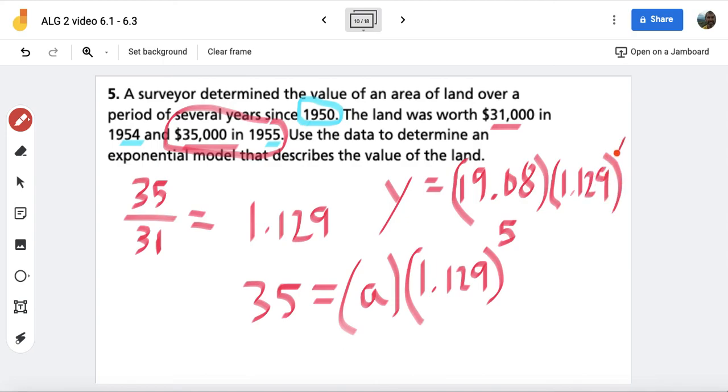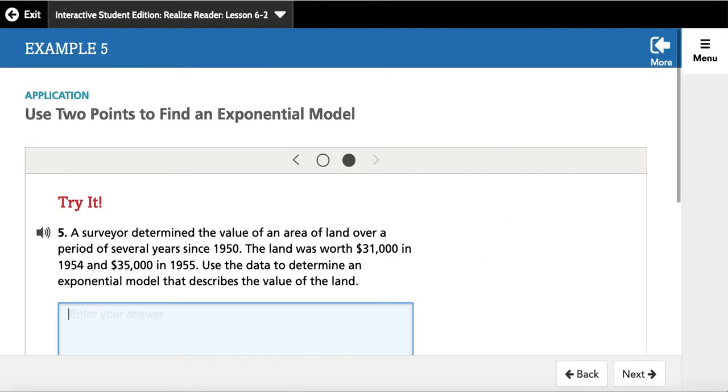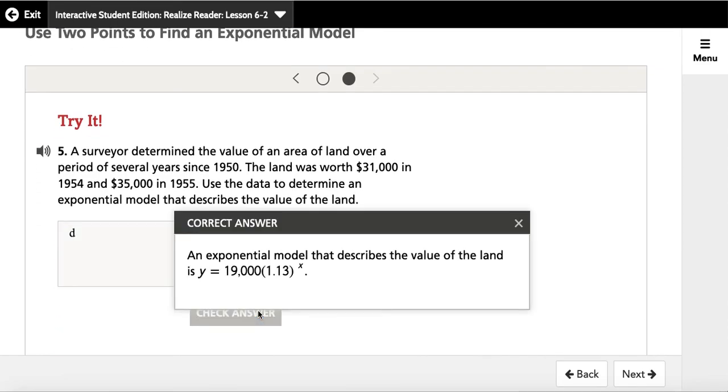There's my exponential equation. Let's see how close it comes to what they had on the website. Oh, they did it differently. I did it in thousands. They actually wrote the whole thousand out, 19,000. They rounded differently than I did, but both answers are good. I like mine better. I didn't round.